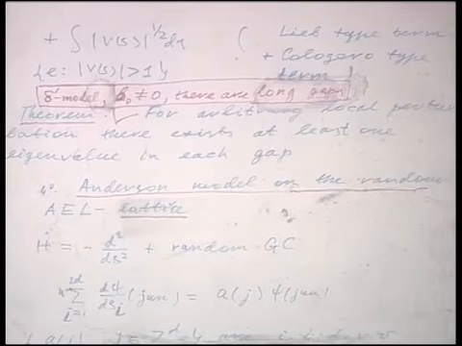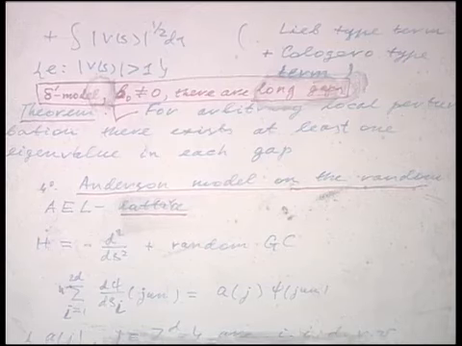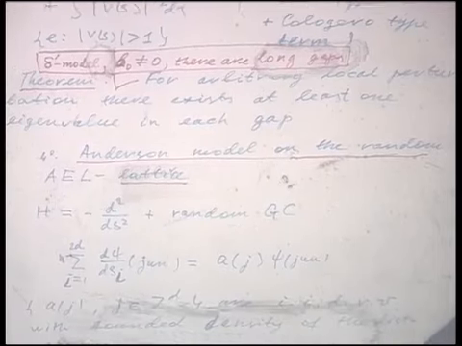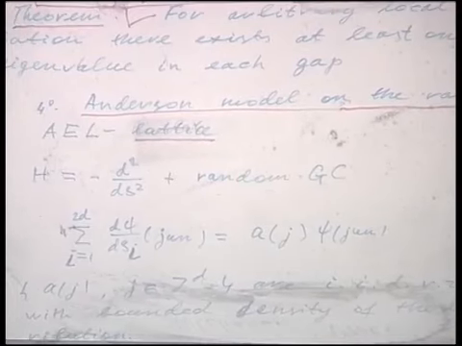One local perturbation produces infinitely many eigenvalues in each gap. And they appear due to the presence of these points of the point spectrum of infinite multiplicity.